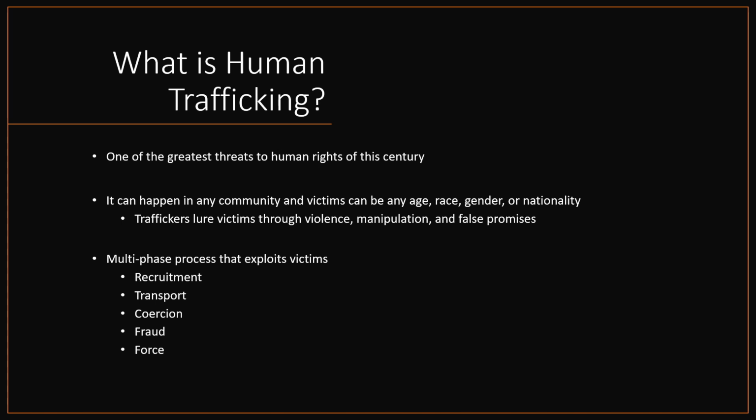In the recruitment phase, you typically see people who are very similar to the victims that are being targeted. So, if a trafficker is targeting a 16-year-old female to sex traffic, recruiters are utilized that are 16-year-old females.